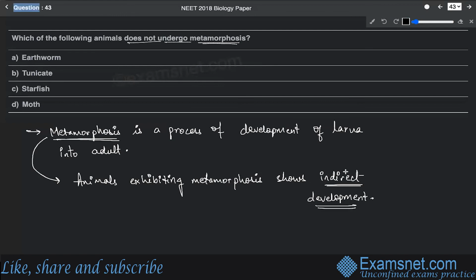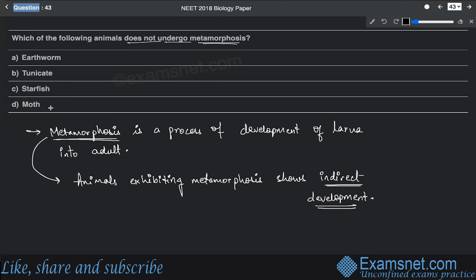All right. Out of all the categories given over here, metamorphosis is very prominent in case of insects. And apart from insects, this is also found in some higher categories of invertebrates like Echinodermata. If you look into the options given, there is earthworm, tunicate, starfish, moth.